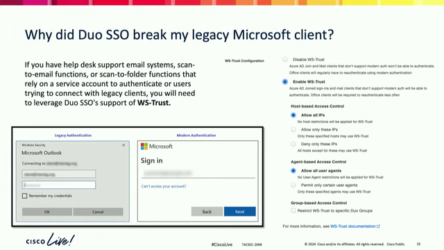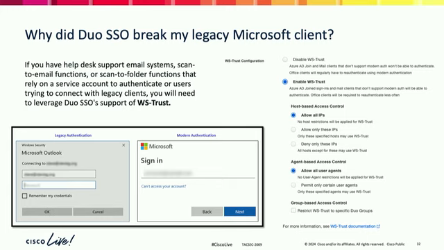So we have this amazing feature in Duo single sign-on applications, and it's called WS Trust. And what this does is, because there are still so many organizations that leverage legacy clients, we want to make sure that they can still use Duo to be protected. And so that's where WS Trust comes in.